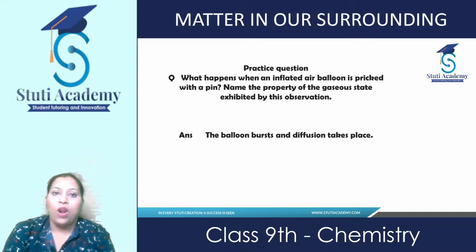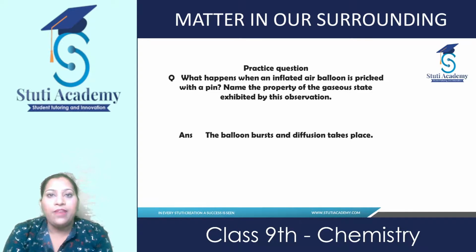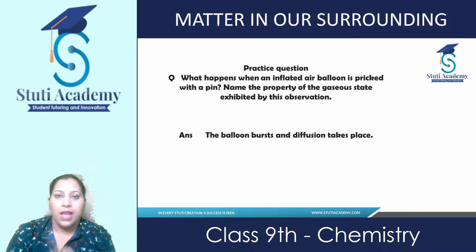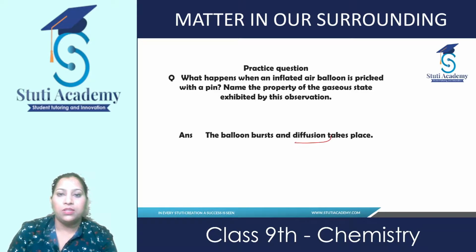First is, what happens when an inflated air balloon is pricked with a pin? Name the property of the gaseous state exhibited by this observation. As I told you, gases can flow easily due to the process of diffusion. Diffusion is a process which is responsible for the flow of gases from higher to lower concentration.